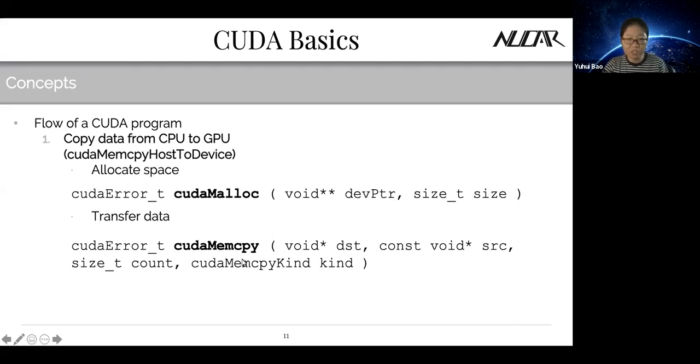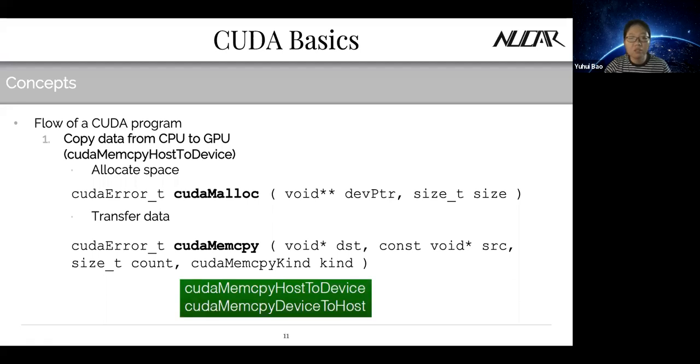You will see the fourth flag is the cudaMemcpyKind. If you transfer from host to device, the flag will be cudaMemcpyHostToDevice. If you transfer the result from GPU to CPU, it will be cudaMemcpyDeviceToHost.